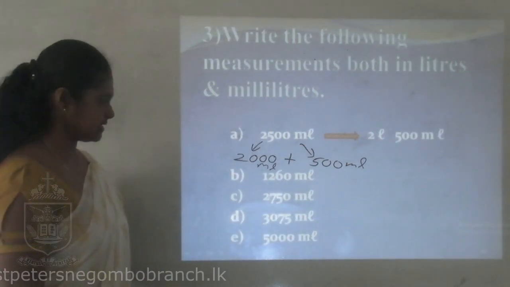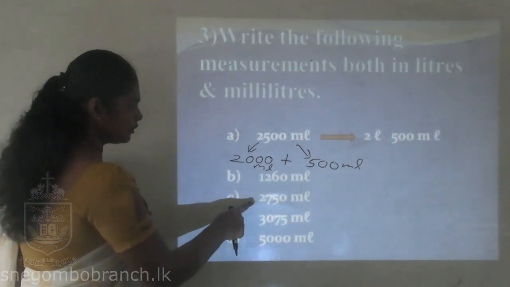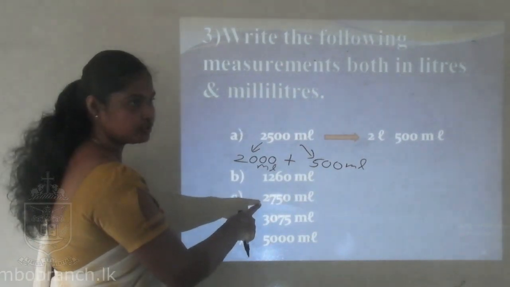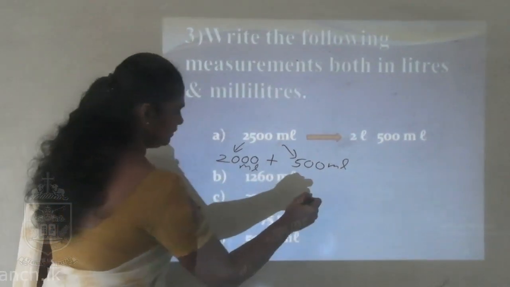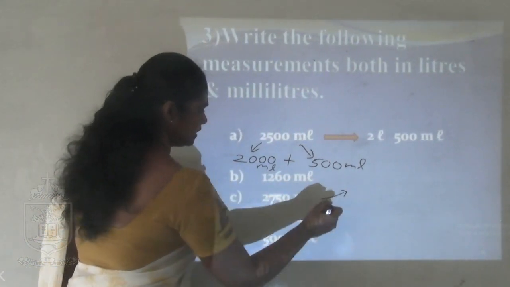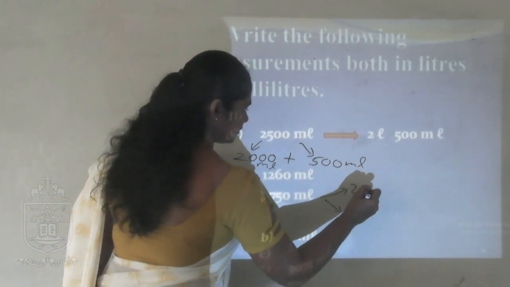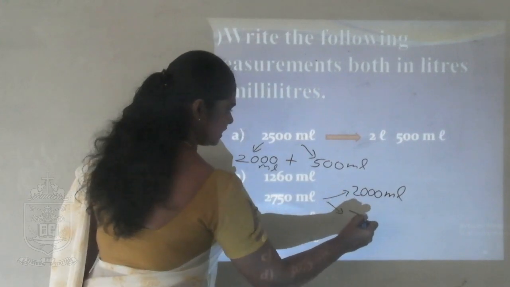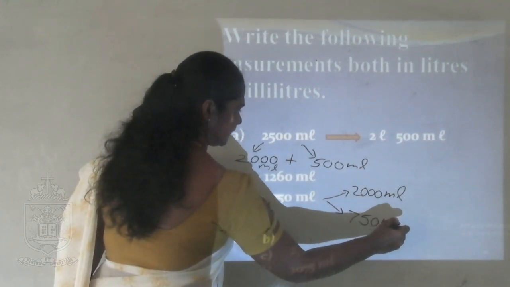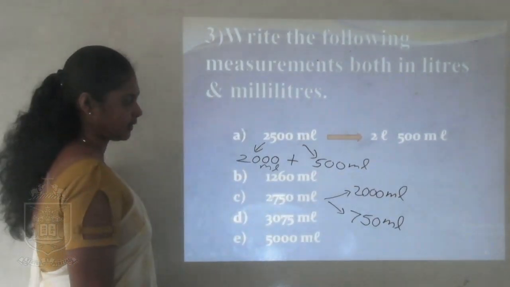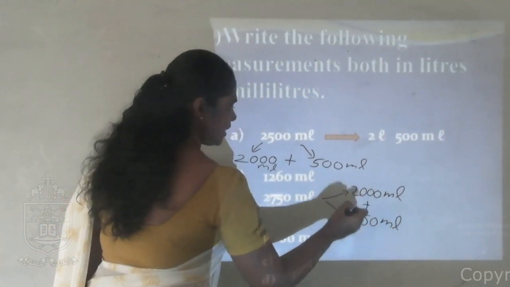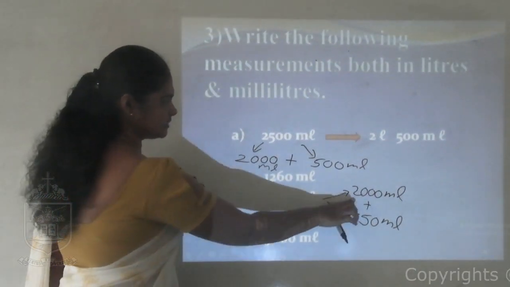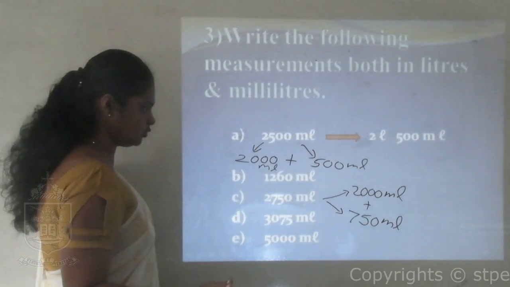2750 milliliters are there. Okay. Now I'm going to break this into groups of 1000 and leave the rest. So here you have 2000 milliliters and 750 milliliters separately. Okay. So now how many thousands are there in 2000 children? There are 2.